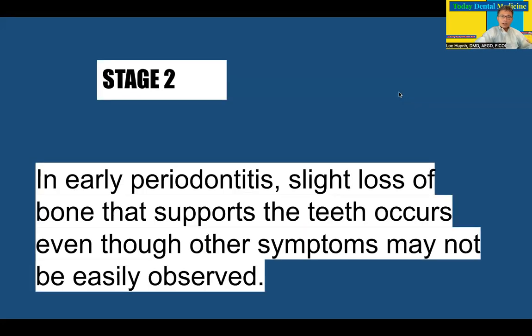Stage number 2 is early gum disease. Early periodontitis is a slight loss of bone support around the tooth, and the symptoms may not be easy to observe. It's a quiet condition where you do have some bone loss and some bleeding, but it's so quiet that you don't even realize you have gum disease.